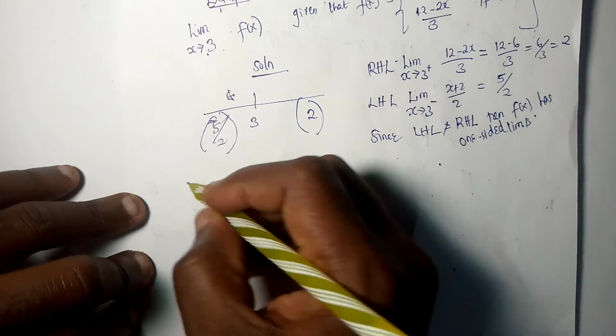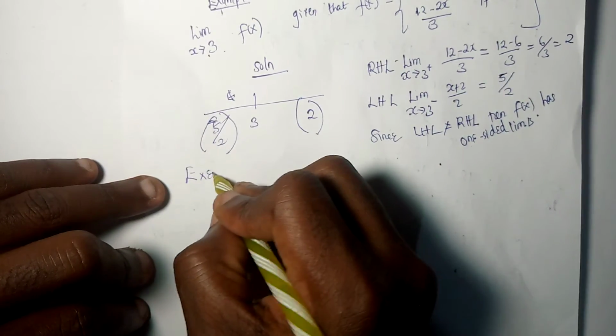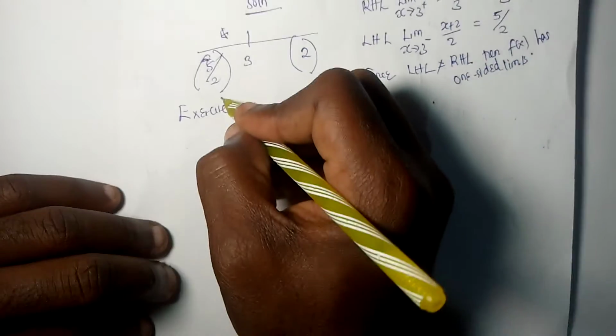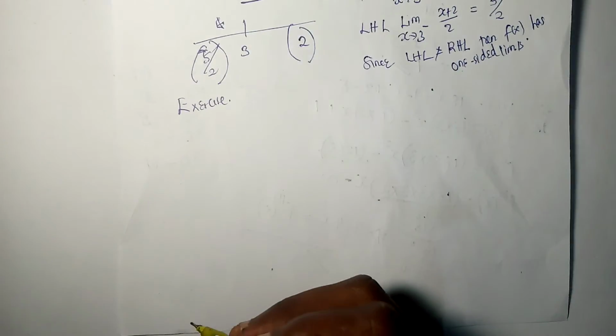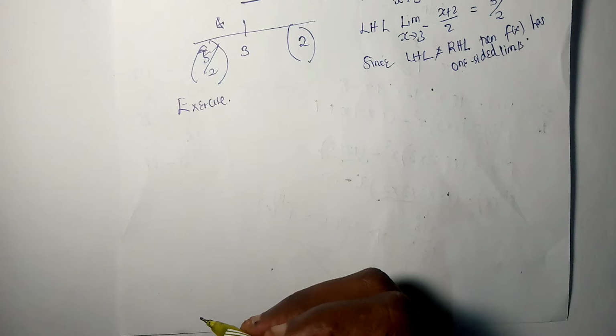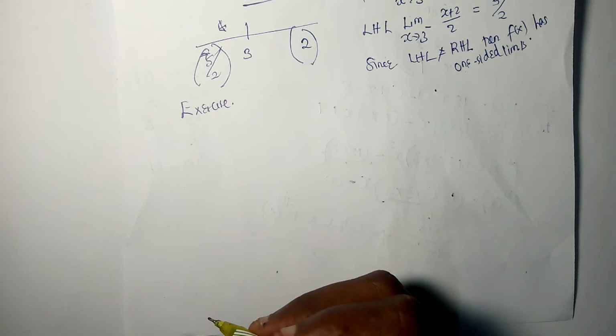So, exercise. The question says, show whether the following functions have unique or one-sided limits.